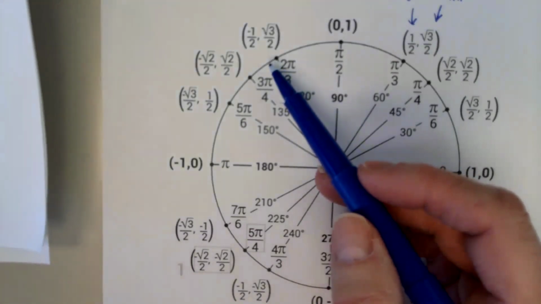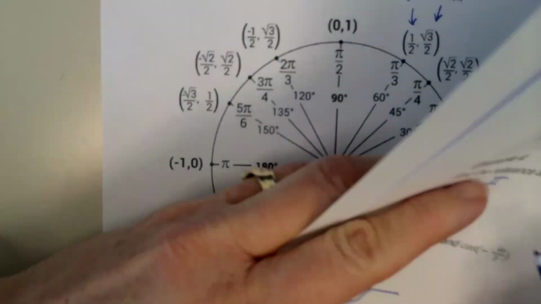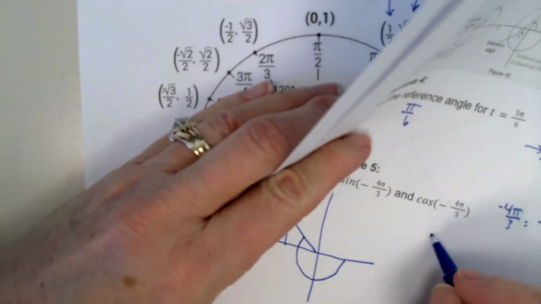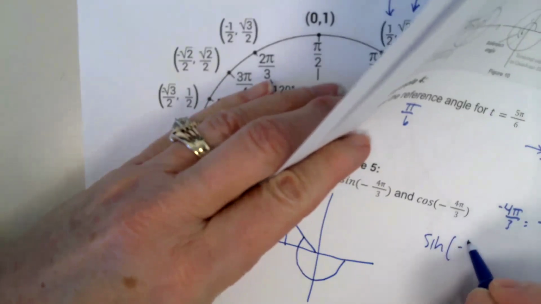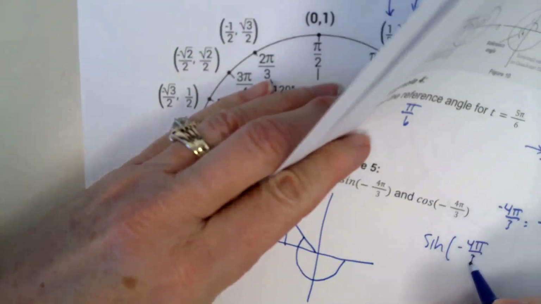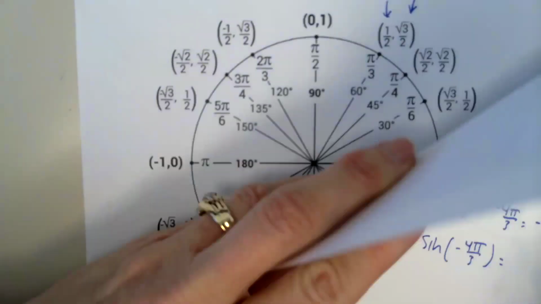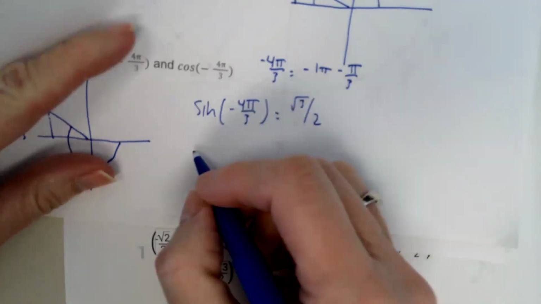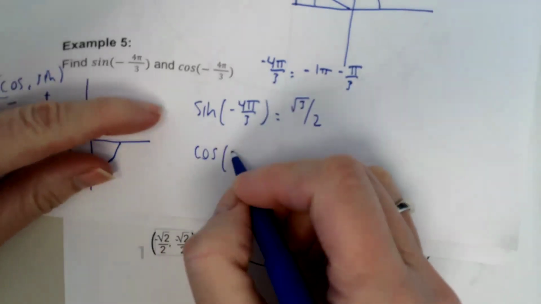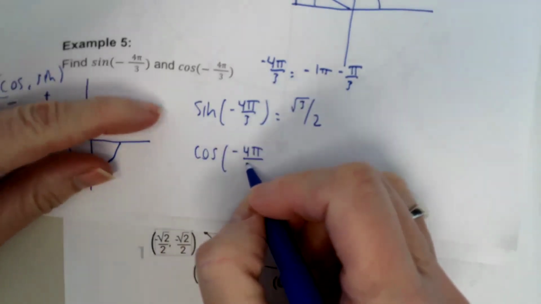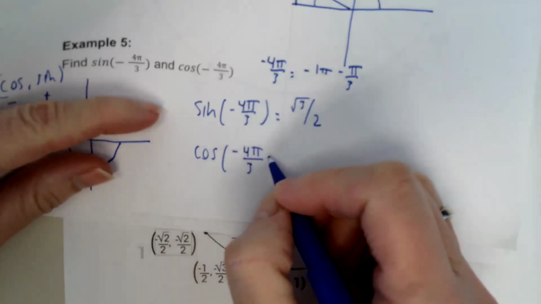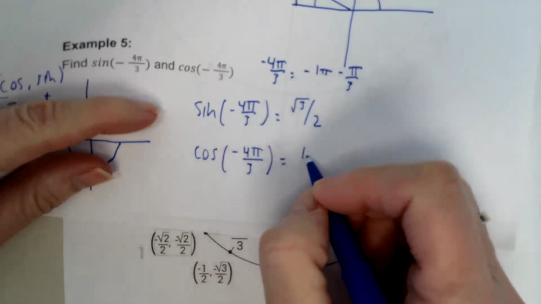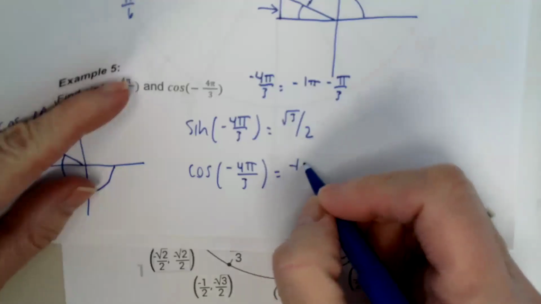So sine of negative 4 pi over 3 is going to be the square root of 3 over 2. And cosine of negative 4 pi over 3 is going to be negative 1/2.